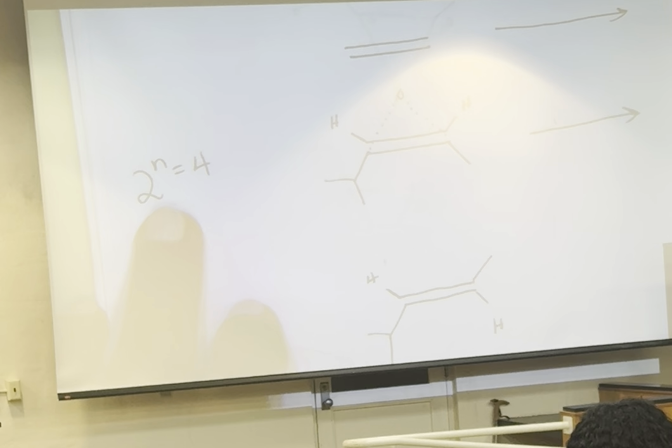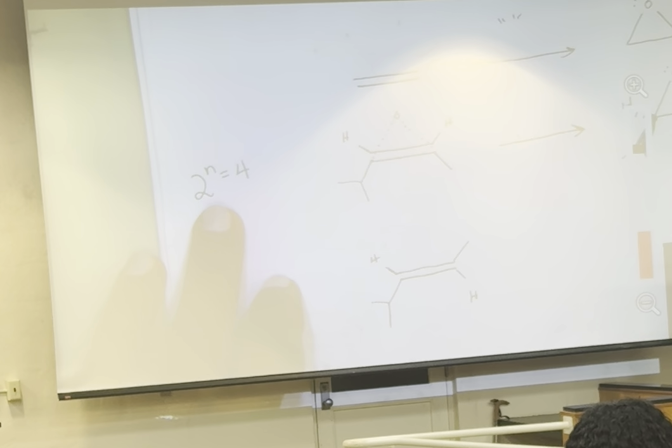When we have two new chiral centers, okay, remember theoretically we could have 2 to the n, which is 4 different stereoisomers. We don't make 4 stereoisomers here, okay? We just make this thing plus its enantiomer, okay? We only make 2 of them, okay?